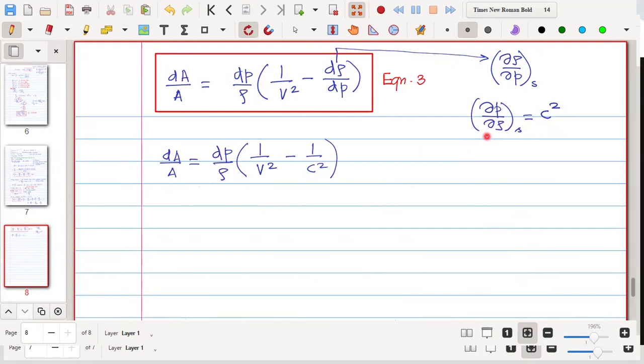Okay. Next, we can take this V out here so that here there will be V square, and we will get a quantity that is Mach number.